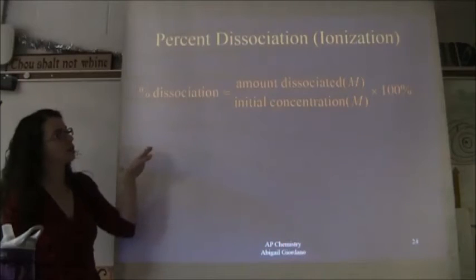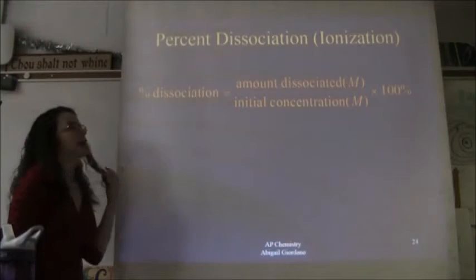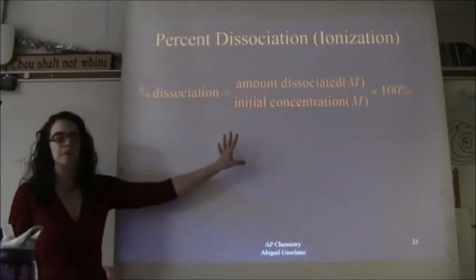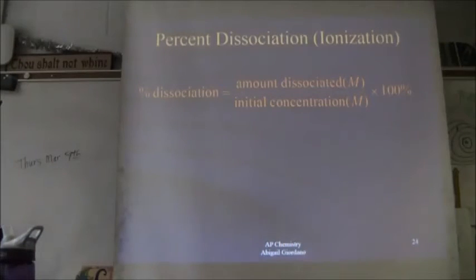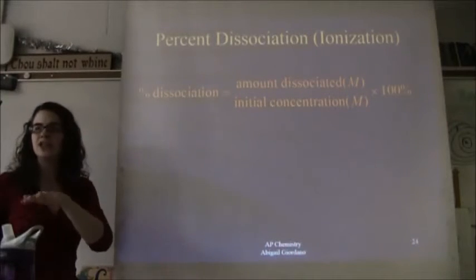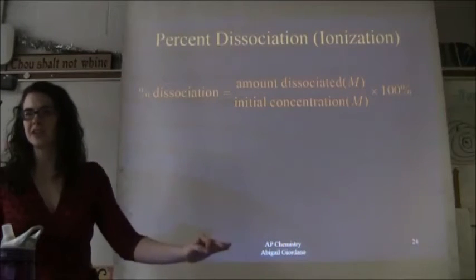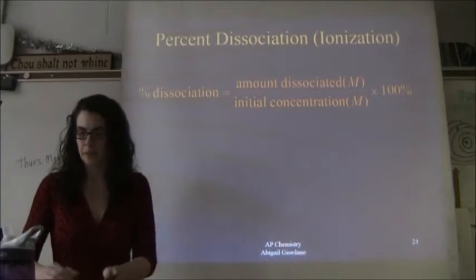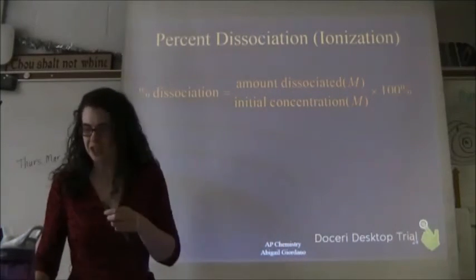All right, and this looks more complex than it really is. Okay, but it's simple. Okay, if you would, guys, look back at one of the ice table problems that we did last class. It doesn't matter which one, just pick one. Do you see that at the end of that ice table, you found a value for X? Do you see that? Okay. Well, what's in the numerator here? Amount dissociated.